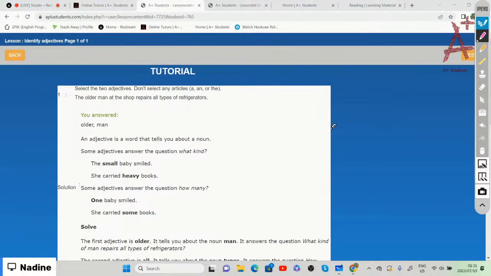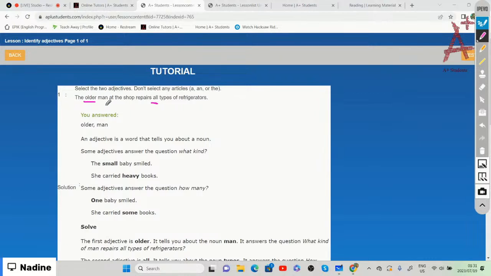All right. So if we were to select the two adjectives within that sentence: The old man at the shop repairs all types of refrigerators. We're going to select the adjectives older, which is the adjective that describes the man.